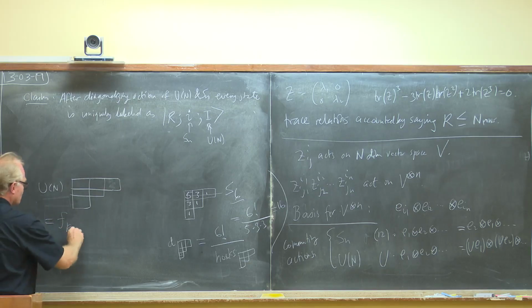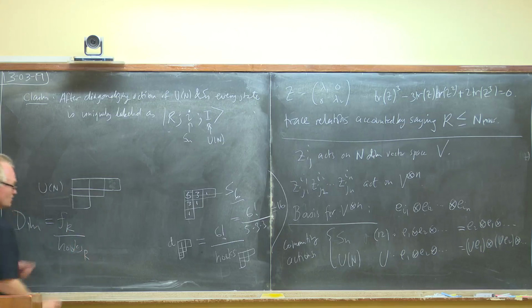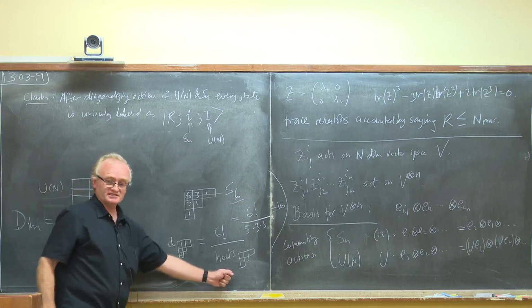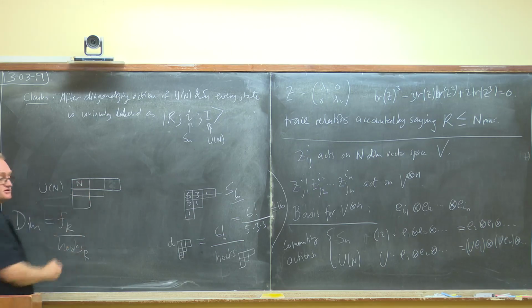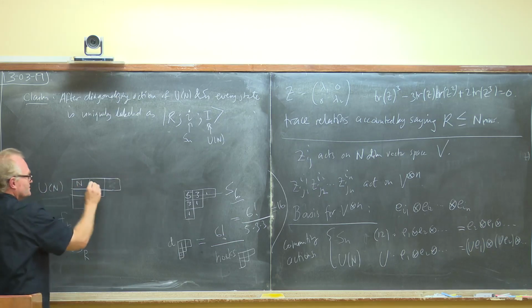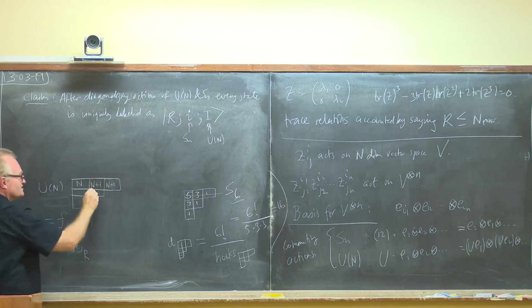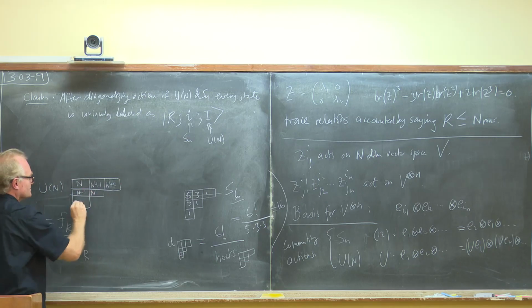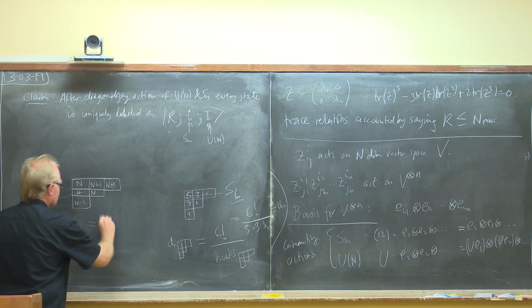We've got something called the factors over the hooks. The hooks is exactly the same quantity we've just calculated. For the factors, you start by putting an n into the first box, and every time you go this way, you add 1. And every time you go that way, you subtract 1. And then the dimension of this representation is given by the product of those numbers.